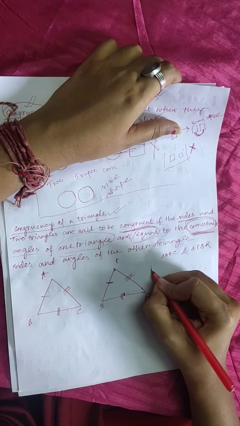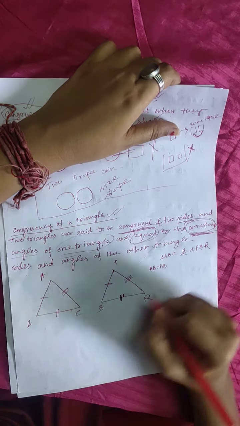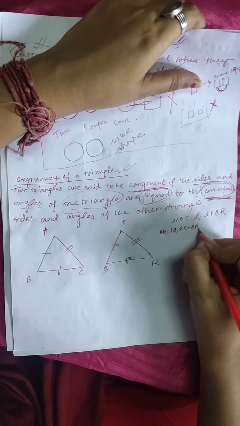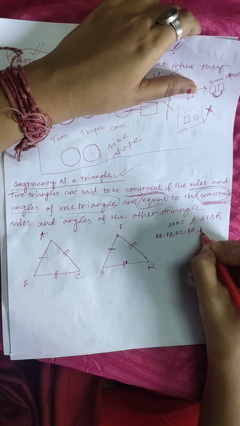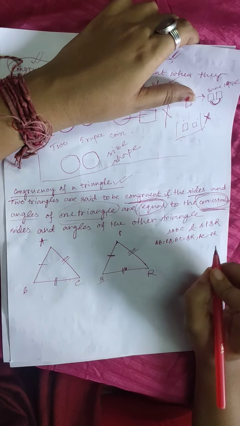So what did I say? AB will be equal to PQ, BC will be equal to QR, and AC will be equal to PR.